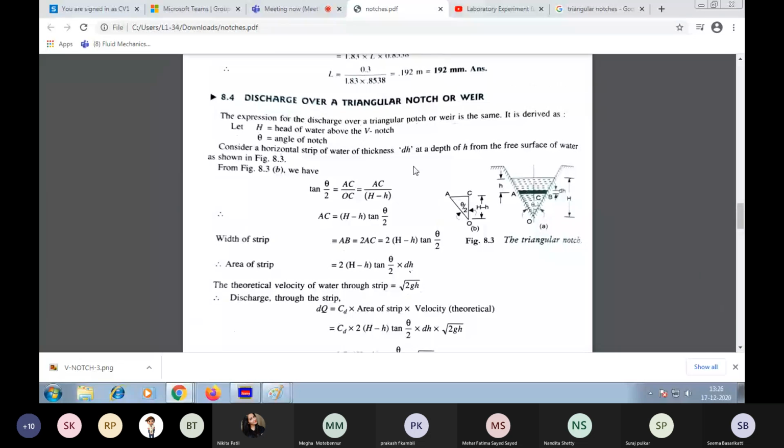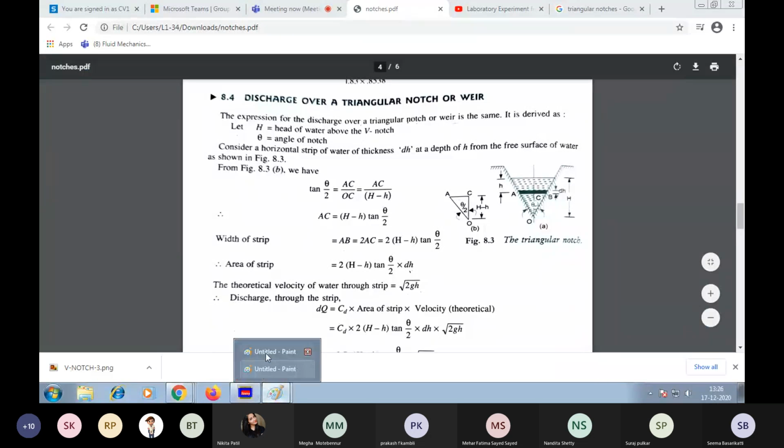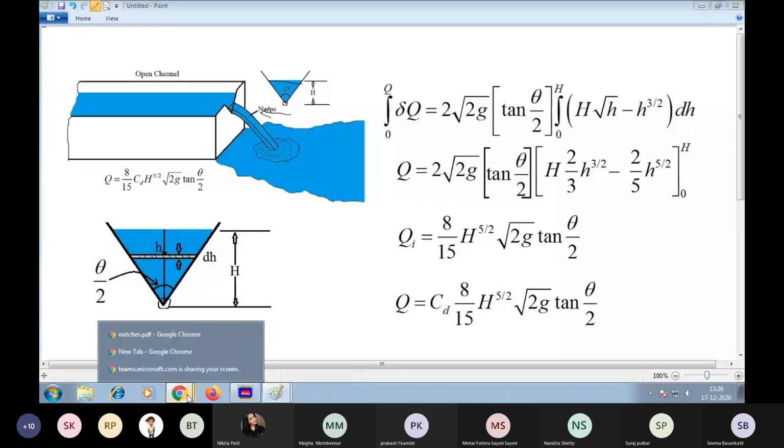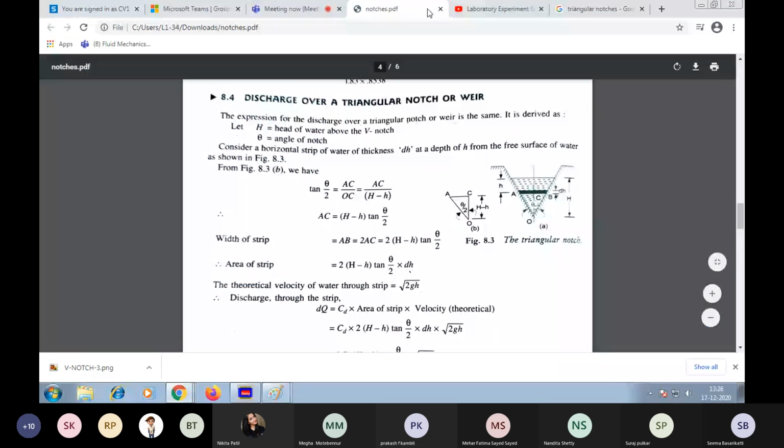Here, let me consider H as the head of water above the V notch. So what is H here? H is nothing but the head of water over the notch, in the sense above the crest. Let me consider it as capital H, and theta is the angle made by the triangular notch or V notch.